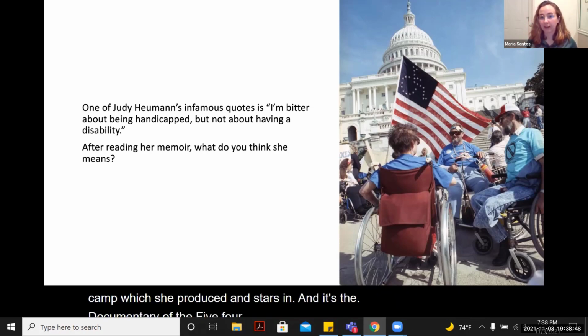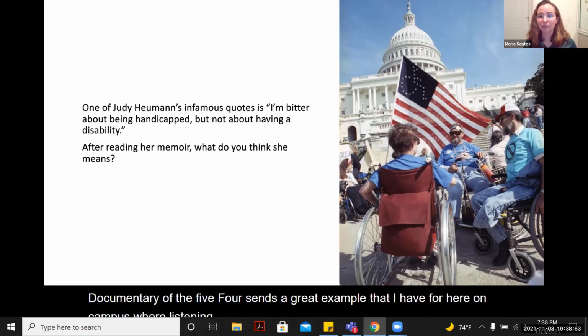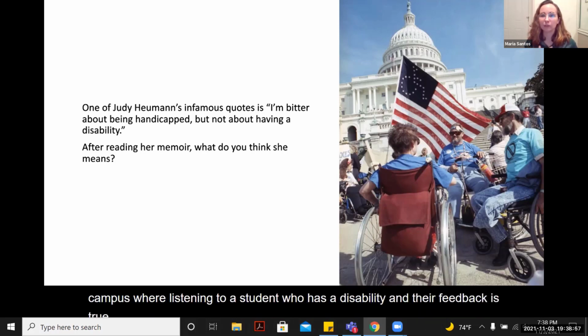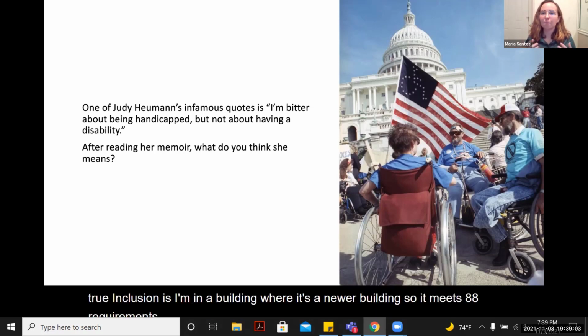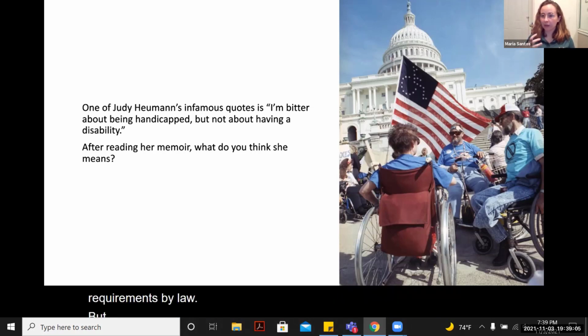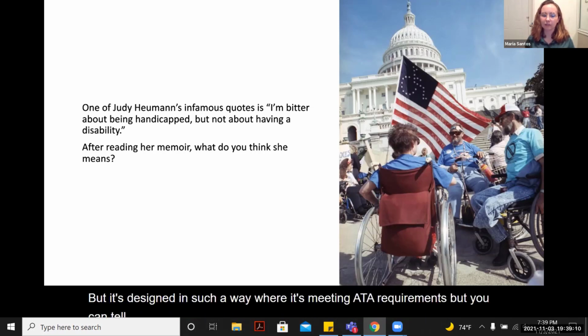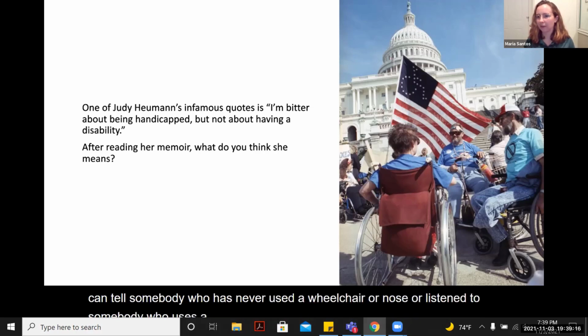A great example that I have here on campus, where listening to a student who has a disability and including their feedback is true inclusion: I'm in a newer building, so it meets ADA requirements by law. But you can tell somebody who has never used a wheelchair, or never listened to somebody who uses a wheelchair, created certain bathrooms.